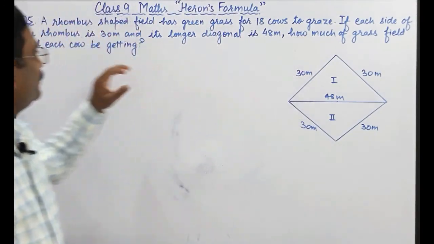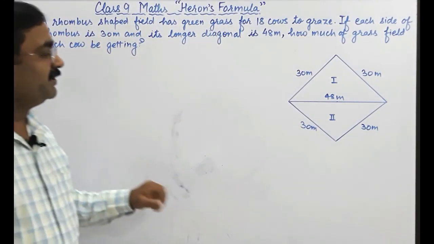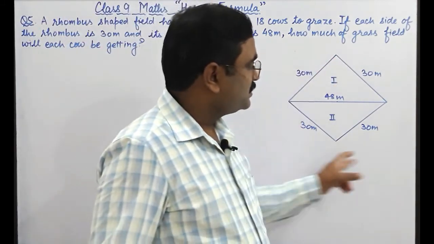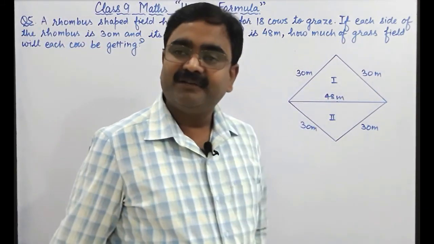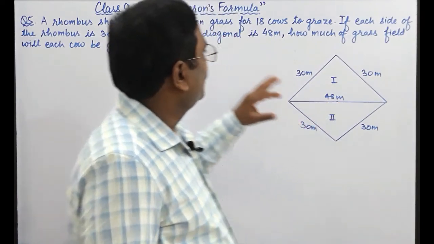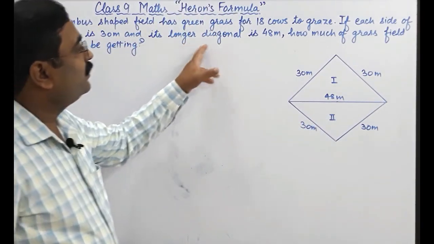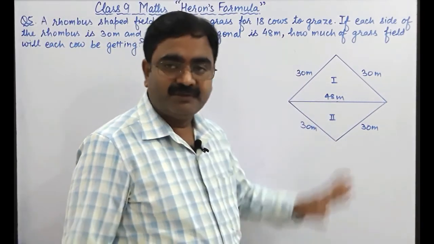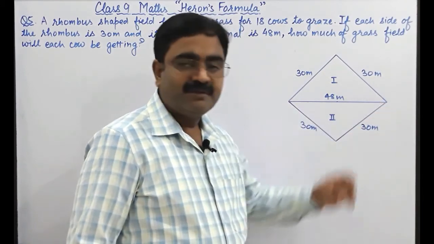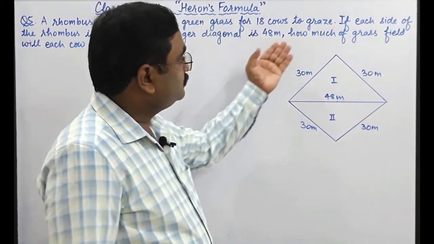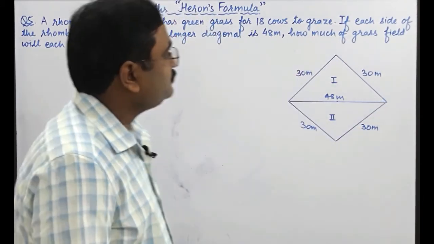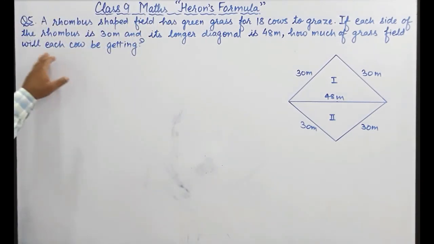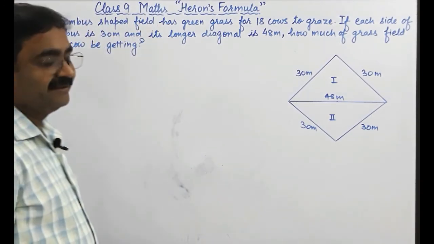If each side of the rhombus is 30 meter, this is a rhombus and all the sides are 30 meter, and the longer diameter is 48 meter. It is given this diameter is 48 meter. How much grass of the field will each cow be getting?